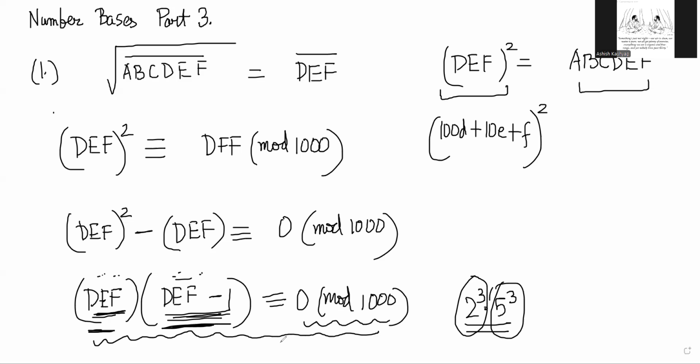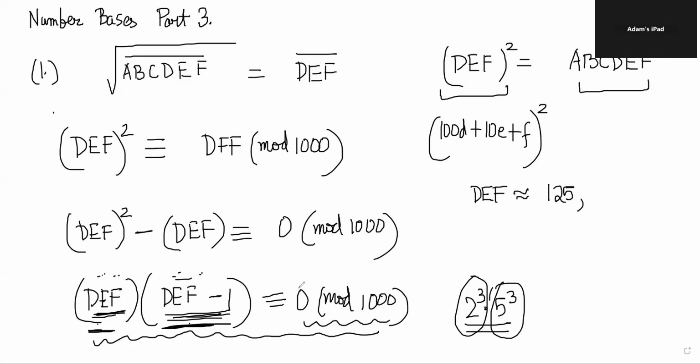Let's think of the possibilities for DEF. DEF could be 5 cubed, 125, right? It cannot have a factor of 2, but it can be 3 times 125. This is not a prime factorization, so we can put extra prime numbers into it.